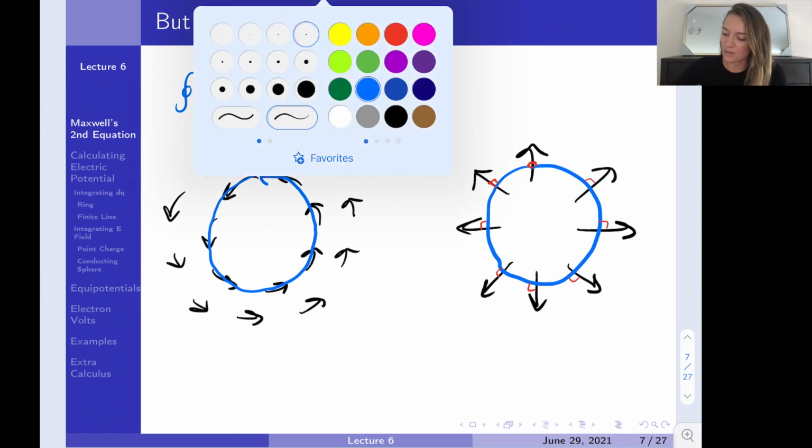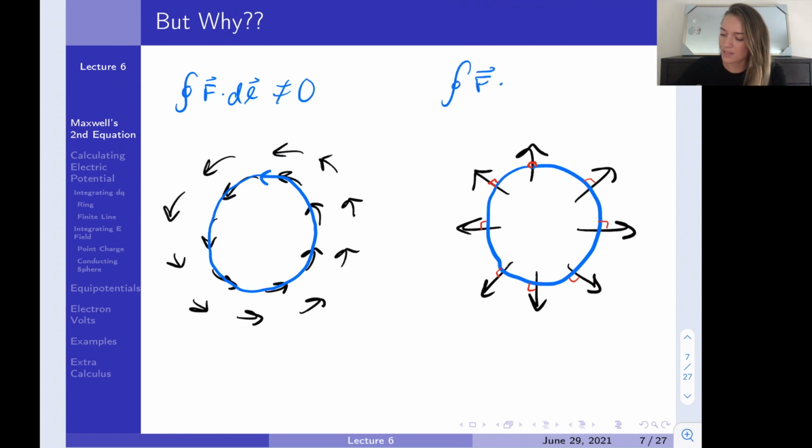And remember, the line integral has a dot product. So if at every single point where I'm integrating, my field and my line are perpendicular, that's just going to be 0. Everywhere, this dot product is 0. And now I chose 2 very easy examples, but this is actually true for any field that has a curl or any field that does not have a curl. So that's why any field or any force that is conservative will be irrotational.